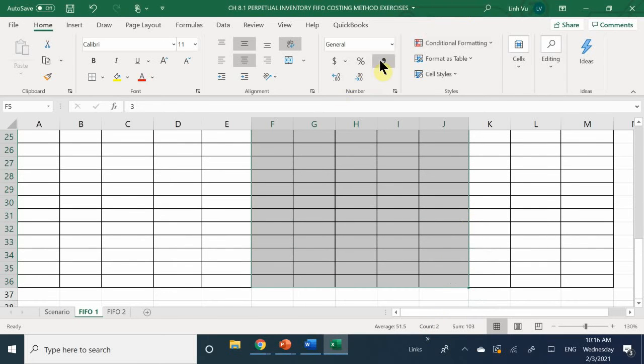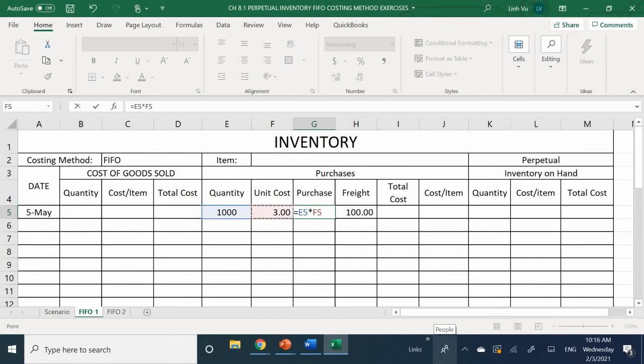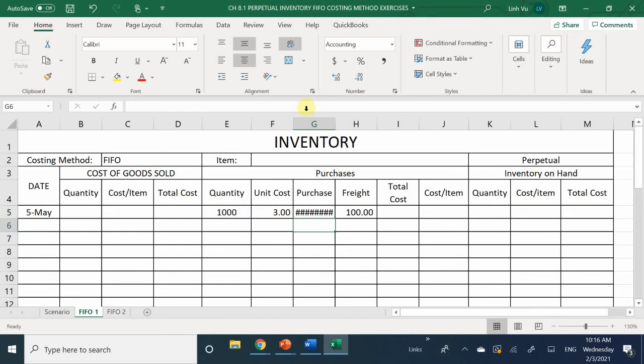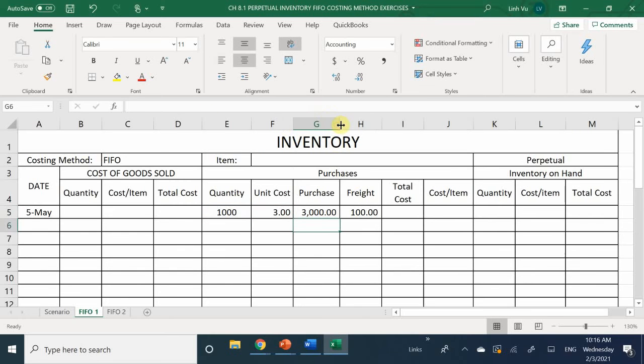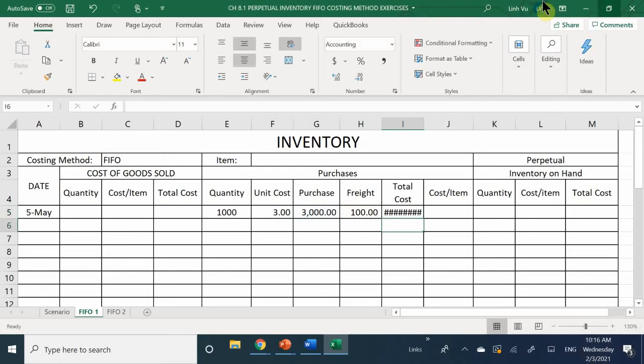All right, so what is my total going to be here? Oh, I'm sorry, what's my total purchase price? 3,000. Okay, good, 3,000. What is my total cost going to be? 3,100. 3,100. And what is my cost per item going to be?